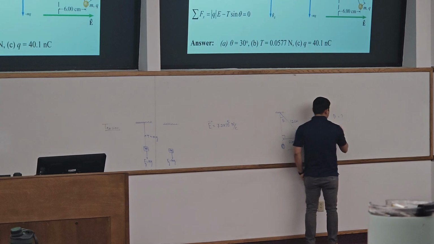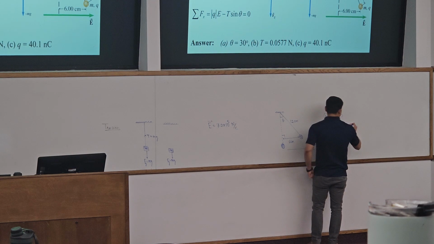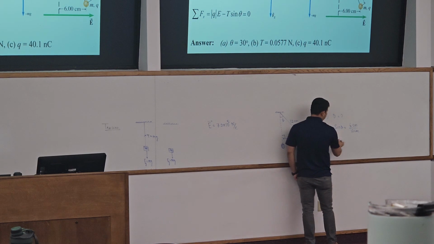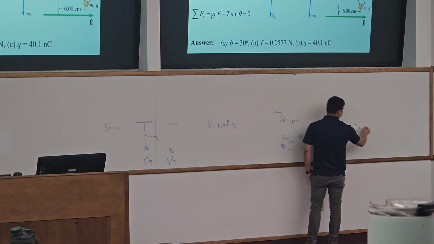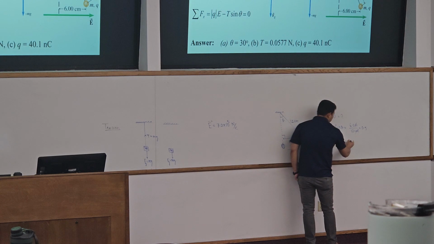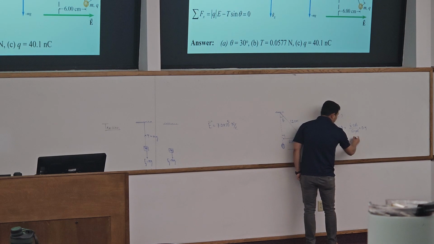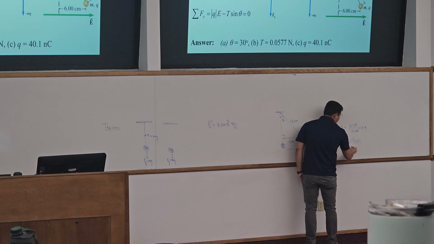Just use sine theta. Sine theta is 6 centimeter divided by 12 centimeter. Centimeter cancel out, and it's going to be 0.5, and theta is going to be sine inverse of 0.5.